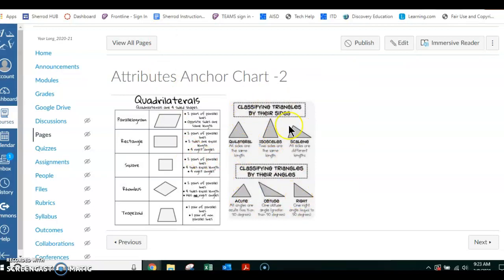What I'm looking at is the side lengths. So I have equilateral, where all the sides are equal. I have isosceles, where two sides are equal, of the same length. And then scalene, where none of the sides are equal, because all sides are different lengths. So now I can come back to this and look at it.